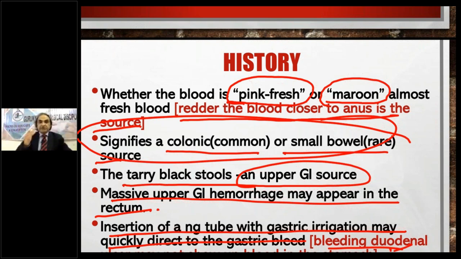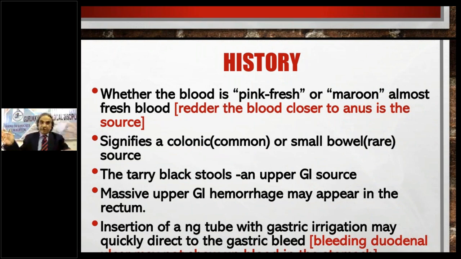The tarry black stools indicate an upper GI source; a massive upper GI hemorrhage may appear in the terms I've mentioned. Gastric irrigation will quickly help: when you put in a nasogastric tube and irrigate, the bleeding becomes very obvious.